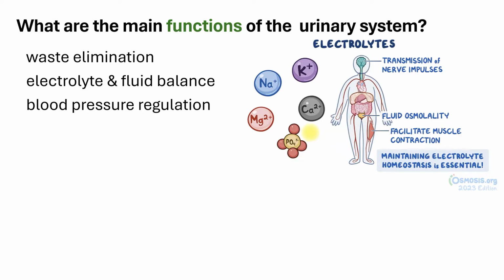What else? Since the fluid balance or the water content is being regulated by the urinary system, blood pressure is also one of the things being controlled by the urinary system. Because in the blood there is a liquid component, right? The plasma. So the amount of water that goes into the plasma or goes out of the plasma can dictate blood pressure or blood flow.